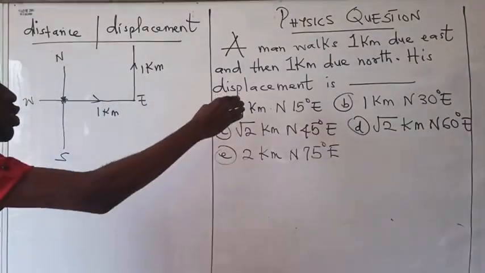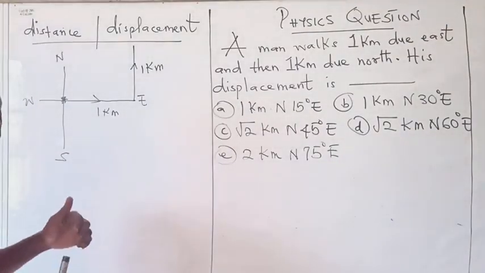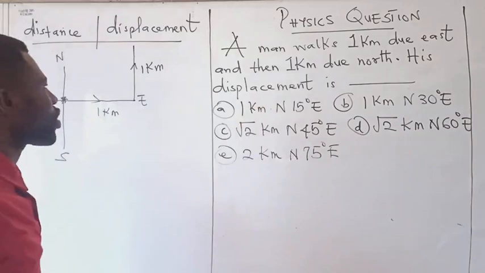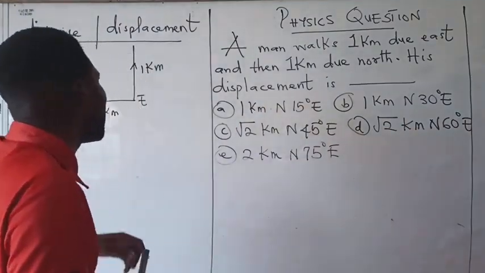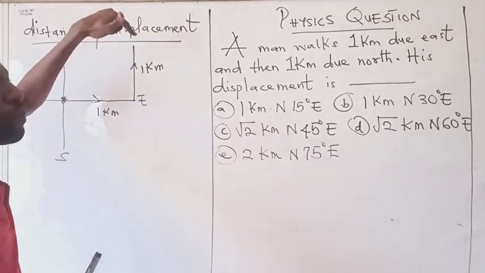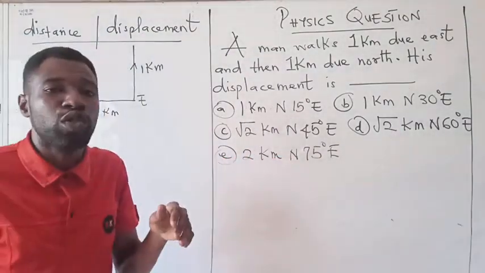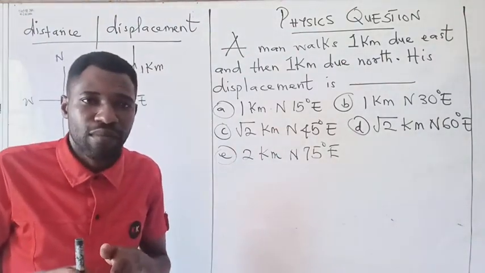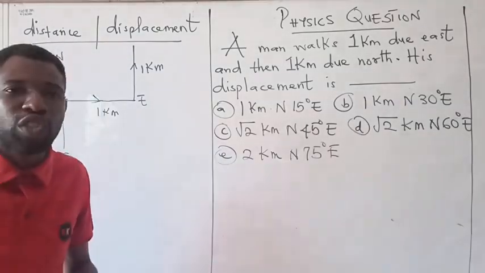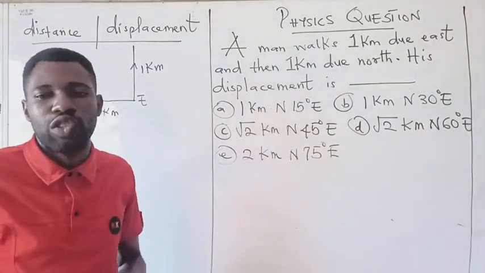Then, how do we get his displacement? Displacement is the change in position of a body from its final position to its initial position.